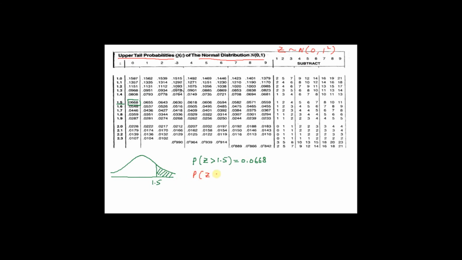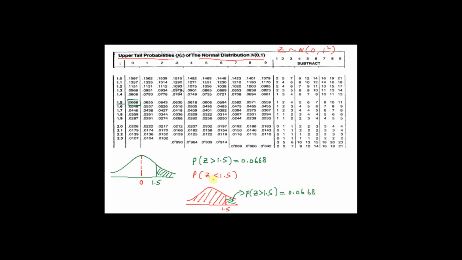If you want to find the probability of Z less than 1.5, remember this standard normal distribution is symmetrical about 0. You are looking at the probability on the left here, but from the table, you are given the probability on the right hand side, which is Z more than 1.5, 0.0668.